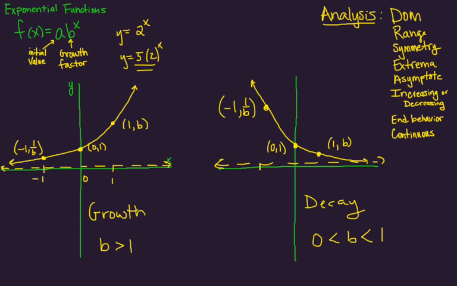What about end behavior? That's a little tricky. So if we had f of x, as x goes to negative infinity, what would it be? As x goes to negative infinity for the left graph right over here, what's happening to the y values you get over here?